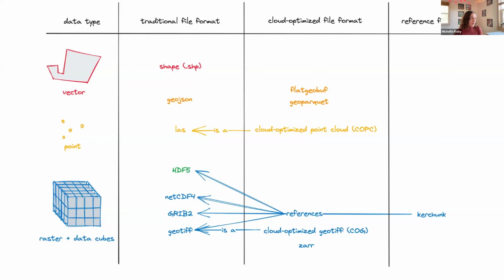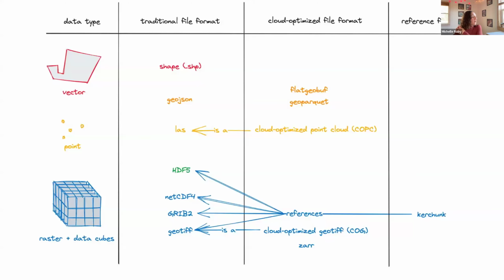The cloud optimized version for vector data types would be a FlatGeobuf or GeoParquet format. For point files, specifically for LiDAR data, LAS has been used in the past. There's now something called Cloud Optimized Point Cloud, which is just the cloud optimized version of this.